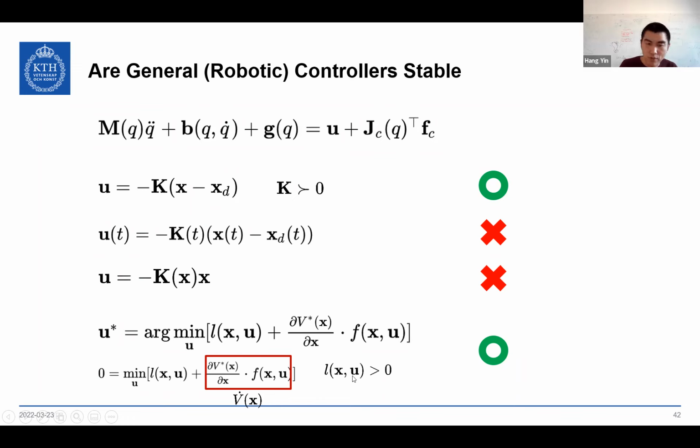But generally, Lyapunov analysis just says this has to be smaller than 0. It doesn't have to equal to anything. So it is stable, but in a more restricted form, I would say.